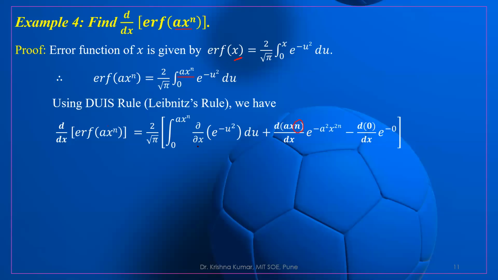The integrand is free from x, so its derivative will be 0. This part will become 0. The same thing we took in the last example. This part will become 0.